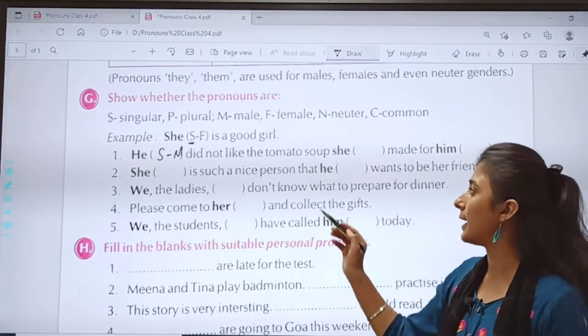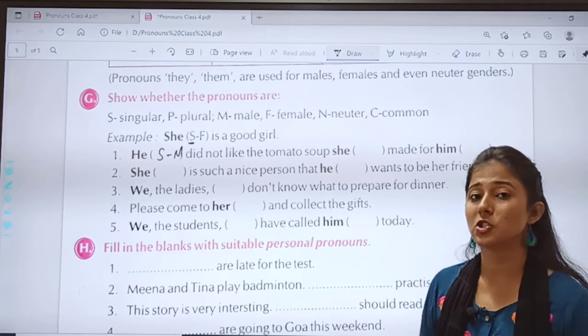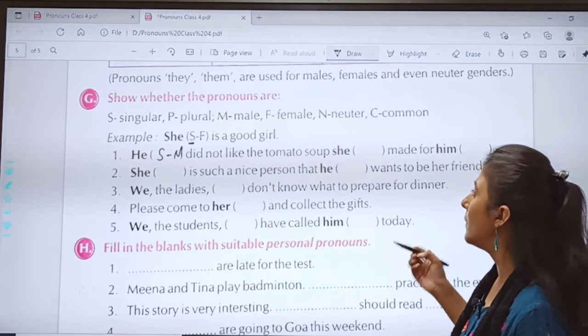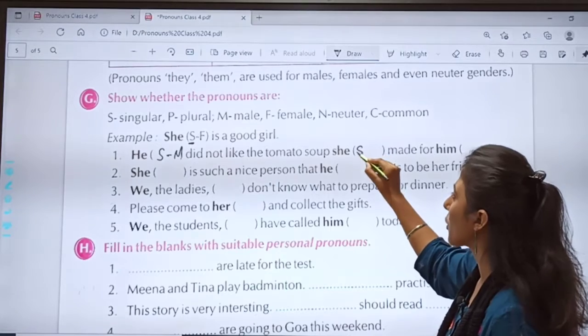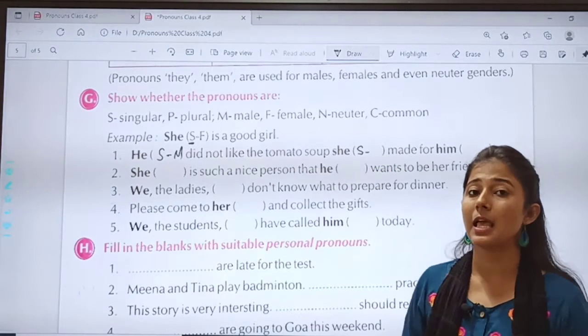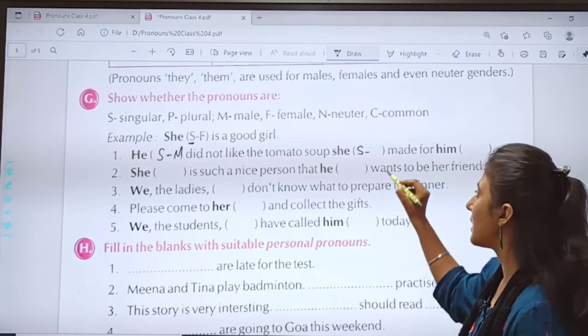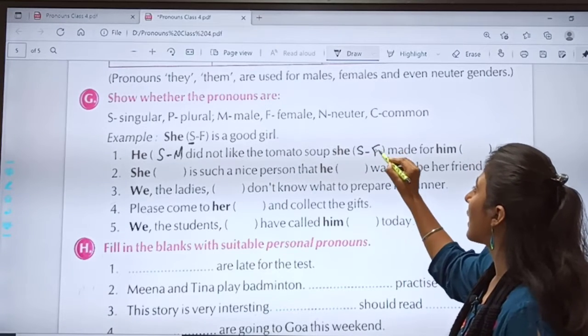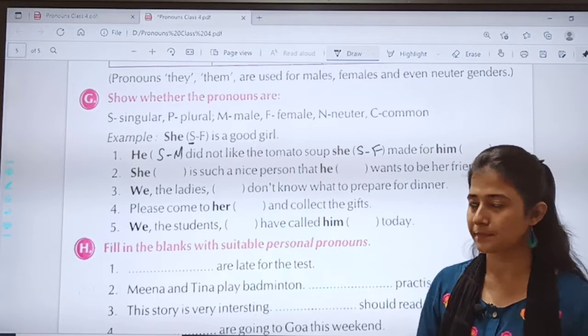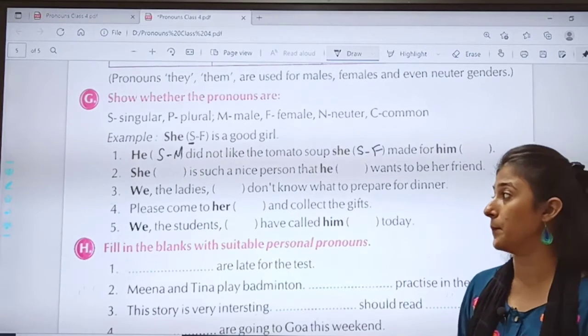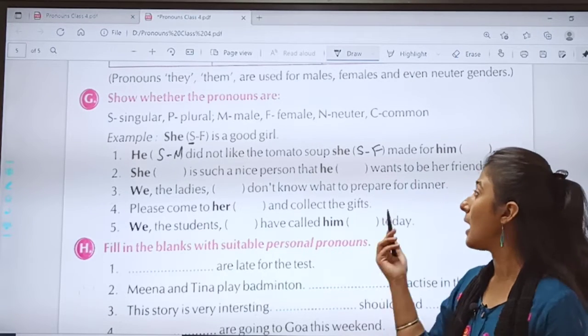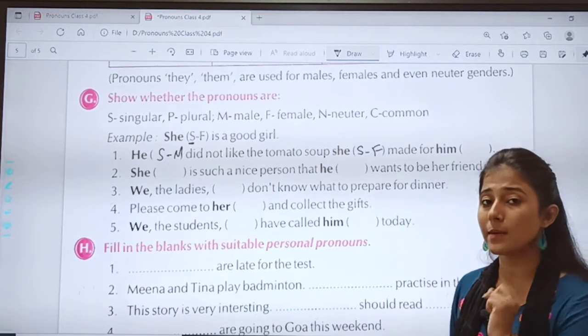Okay. Then she. She belongs to which form? Singular. We are talking only about one person. And she is of which gender? Yes, feminine. So here you will write F. Okay. Then you have him. Now him. Again we are talking only about one person.